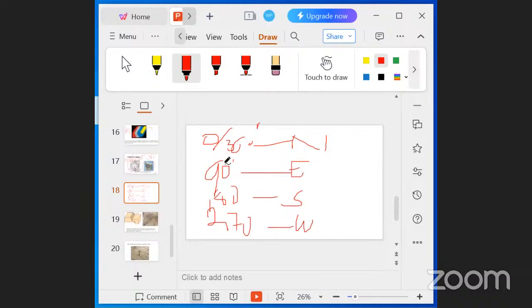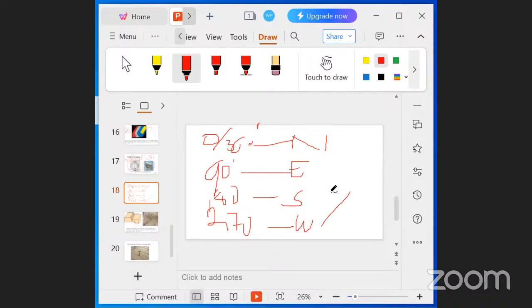Remember this. So 0 or 360 degrees represents the north side, 90 degrees the east side, 180 degrees south, and 270 degrees the west direction.